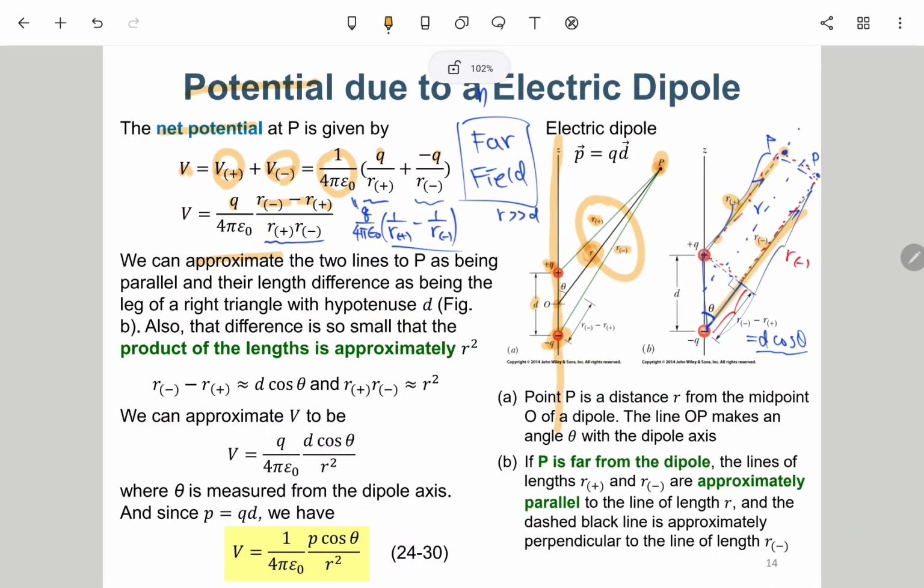Here we have R minus R plus is approximately D cosine of theta, because we assume that P is infinitely far away, so the difference between R minus and R plus will be D times cosine of theta. And then R plus R minus will be approximately R squared, as P is infinitely far away.